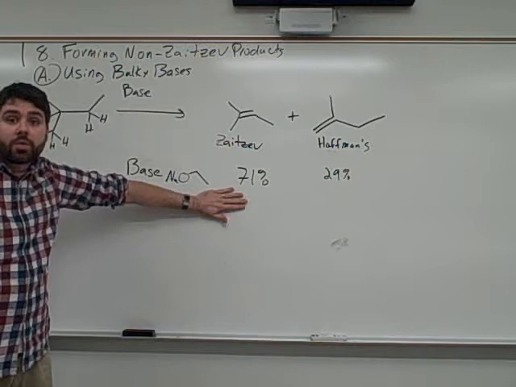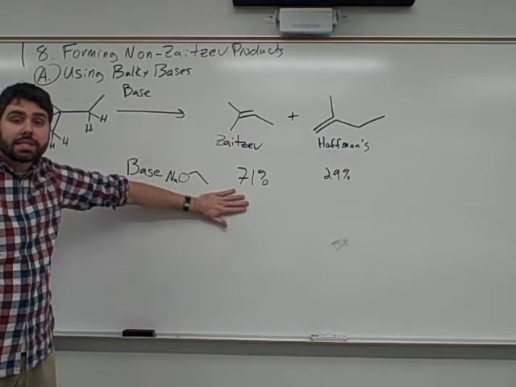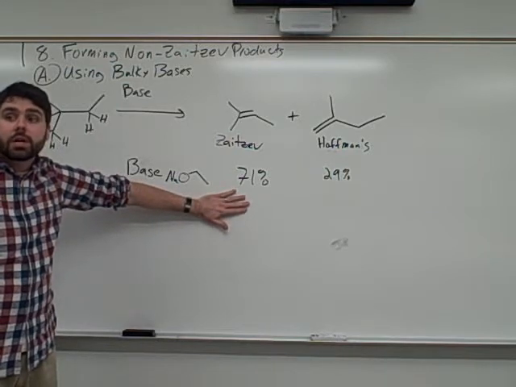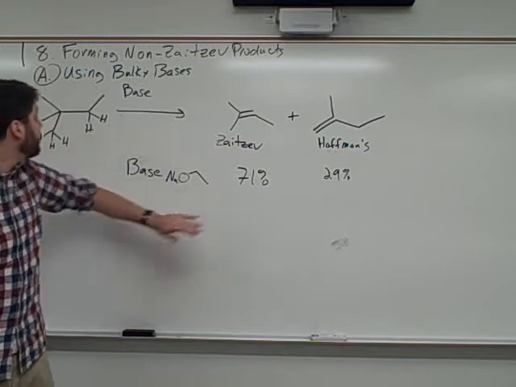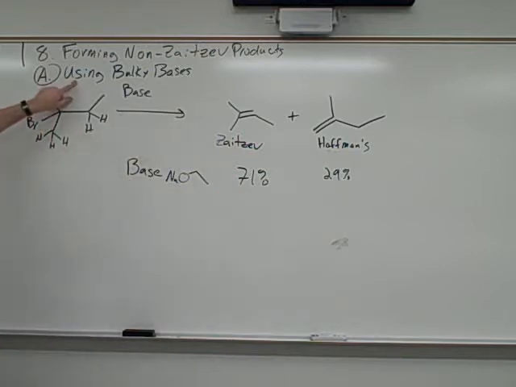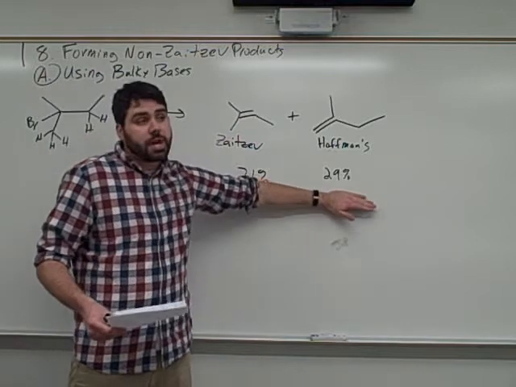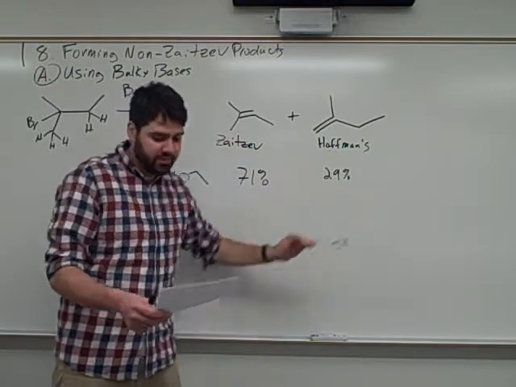It turns out, though, that the ability to get Zaitsev's product is related to the steric bulk of the base. So specifically, if we look at using bases that are bulkier than something like sodium ethoxide, we can shift the selectivity of this reaction to give us the non-Zaitsev or Hofmann's product.